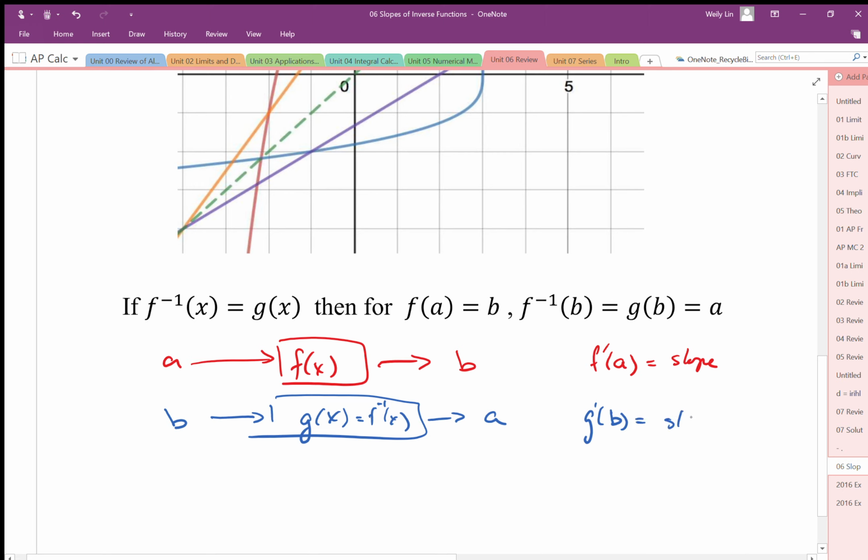Okay? And this would be the reciprocal of the slope that I got here. So I have to keep track of my inputs and outputs. To calculate slope here, I'd use a. To calculate slope here, I have to use the output of f, which is b.